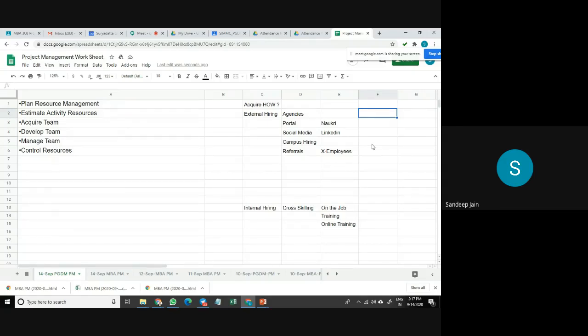You need to publish a job description, and then you need to specify the skills required: skills, qualifications, experience.